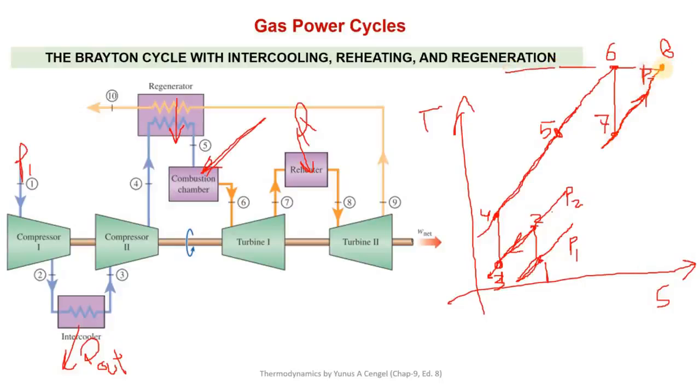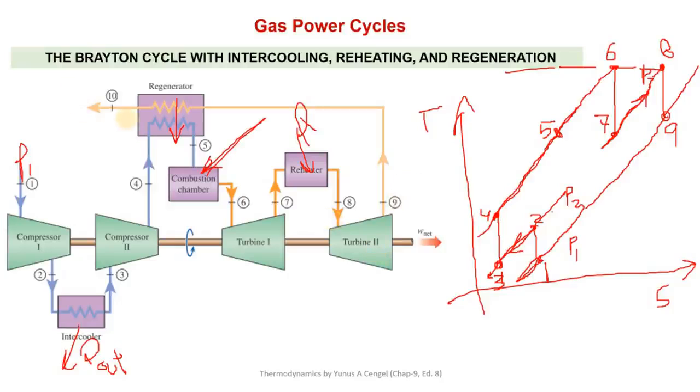Now at point 8 it enters into the second turbine. So here its pressure again drops to the ambient pressure, the same ambient pressure P1. So this is point 8 till point 9. Pressure drops further in the second turbine.